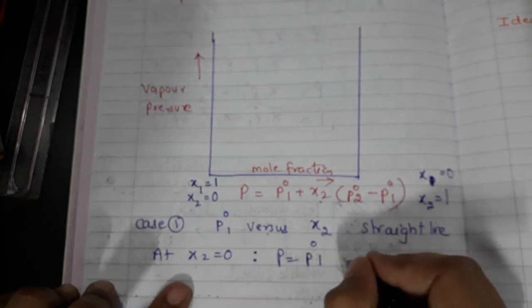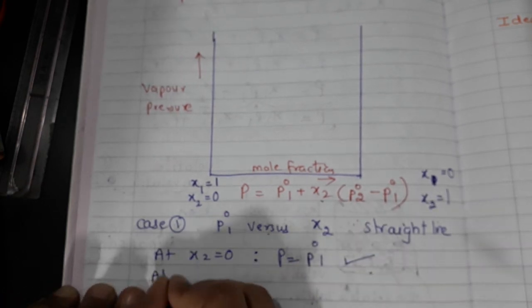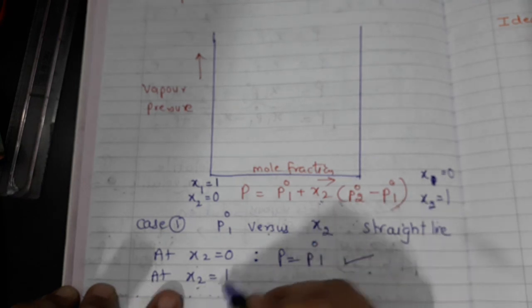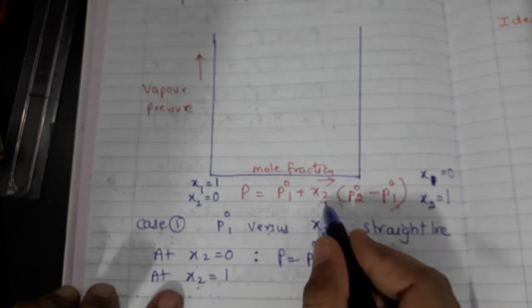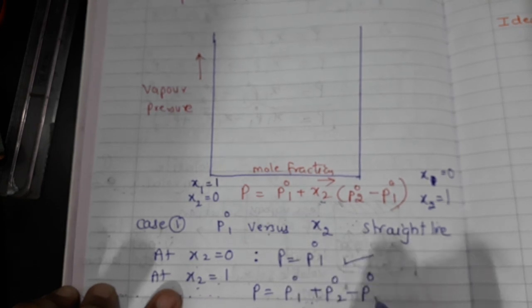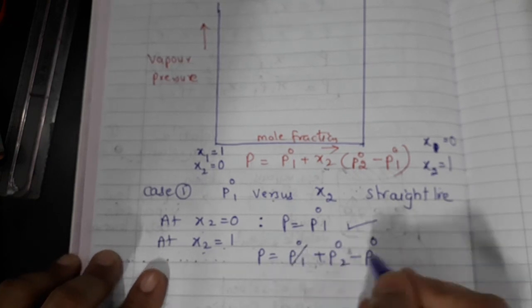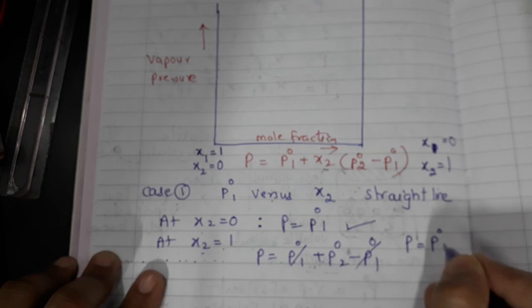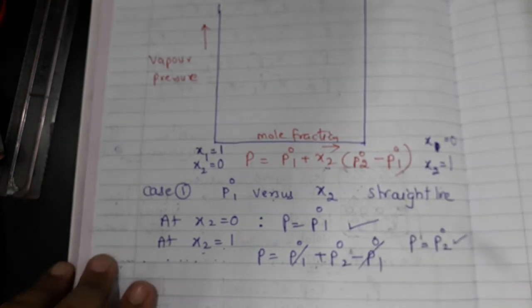I hope you have understood this much. Now at x2 is equal to 1, we will be getting P is equal to P01 plus P02 minus P01. So these two terms will get cancelled, and we are getting P is equal to P02. I hope you understood this also.